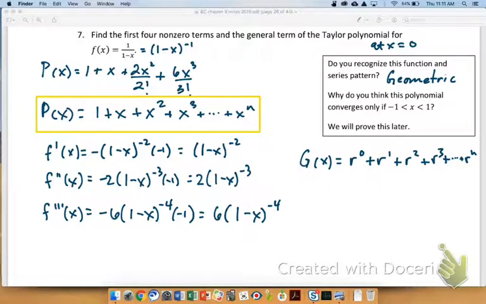For the yellow box up there, what's the common ratio? x. Okay, so if you recognize that the common ratio is x, maybe this over here will make a little more sense. Why would this relationship only be true for that interval? Because the common ratio has to be what?